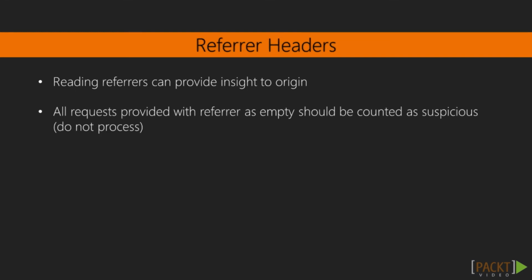Referrer headers are another line of defense. They shouldn't be the only one and shouldn't be provided as empirical evidence that this is a CSRF attack, but should be taken under consideration. All requests that provide an empty referrer should be counted as suspicious though. It shouldn't be processed.